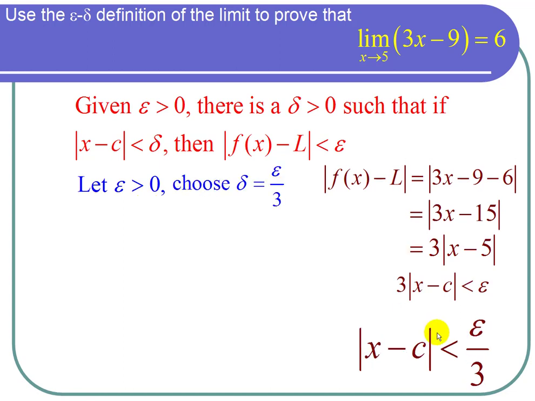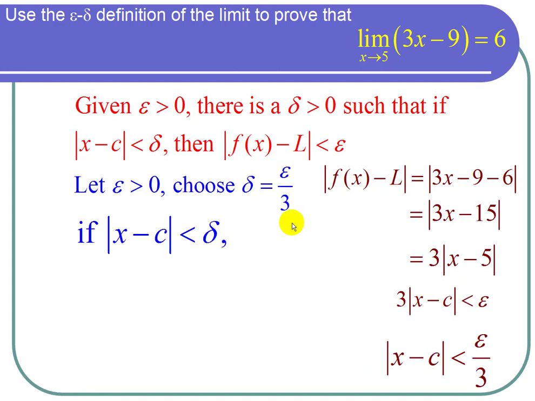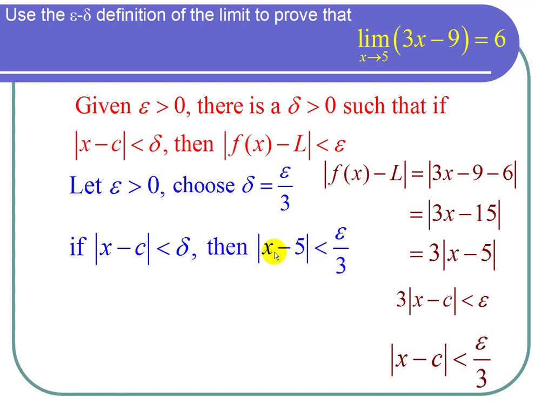So in particular, we can say that if |x minus c| is less than delta, then, well, c, remember, was 5, and delta is epsilon over 3, so |x minus 5| is less than epsilon over 3. And again, I'm going to do the algebra backwards. Multiply 3 on both sides, and I get 3 times |x minus 5| is less than epsilon.